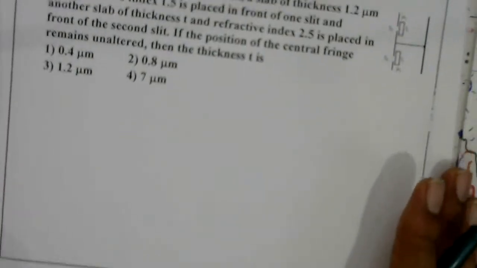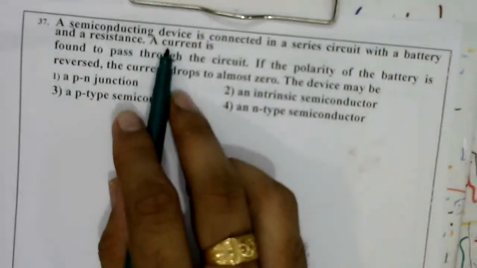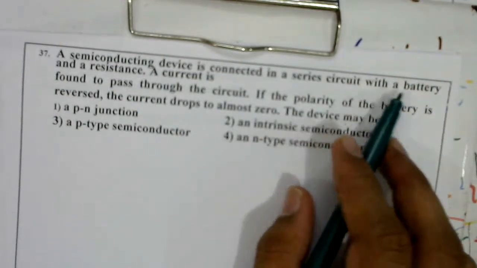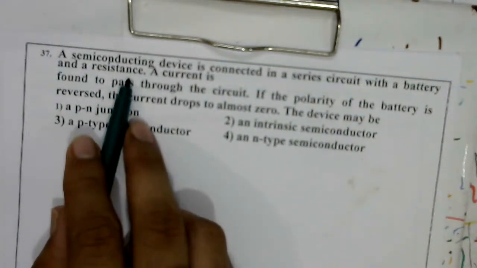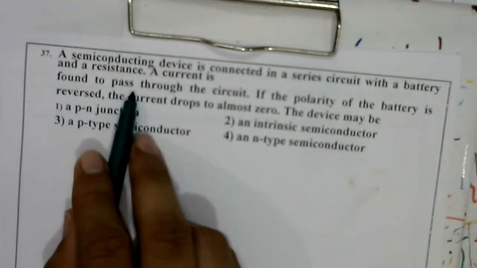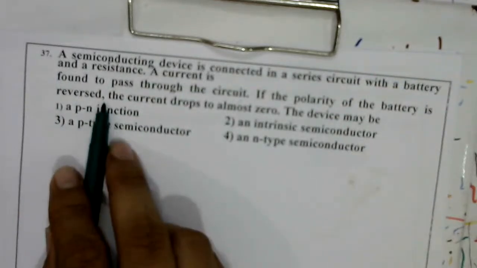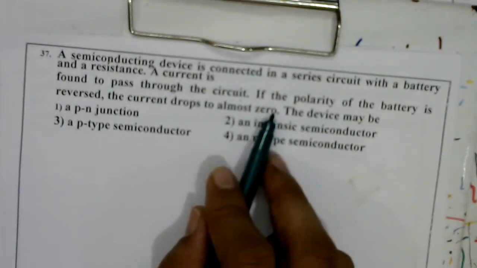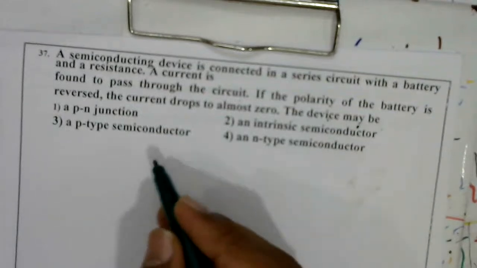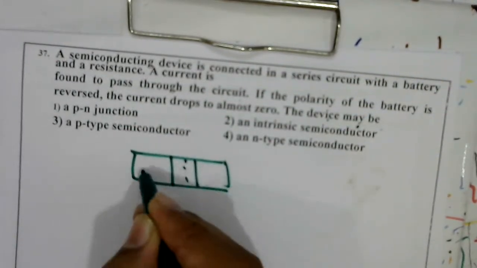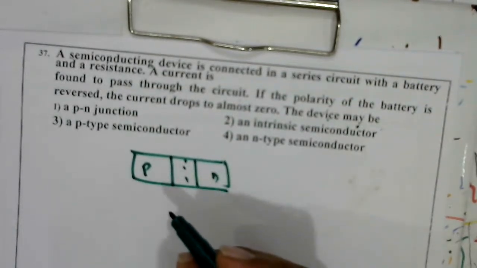Next one: a semiconductor device is connected in a series circuit with a battery and resistance. A current is found to pass through this circuit. If the polarity of the battery is reversed, the current drops to almost zero. The device may be, see, initially connected like this: p-type semiconductor, n-type semiconductor.